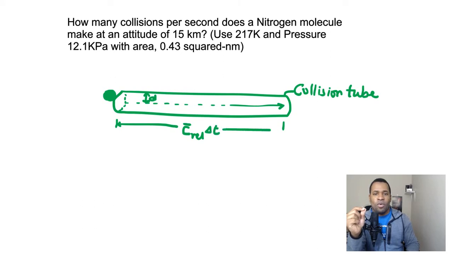And so once we have this taken care of, another thing to consider is that while this particle is moving at a specific distance in this particular collision tube, there are a couple of things that are going to happen. It's going to collide with some particles, and it won't collide with other particles.